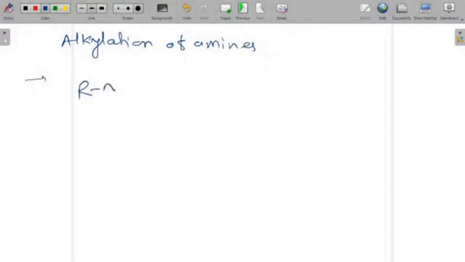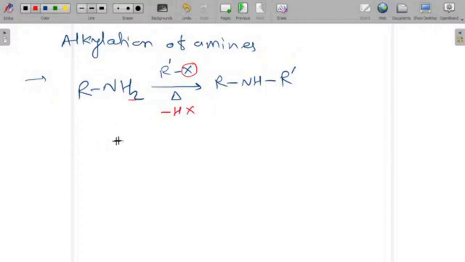This RNH2 is a primary amine, which on alkylation in presence of RX, suppose I make this R dash X, on heating gives RNHR dash. Here HX is a byproduct, one hydrogen atom and X, that is minus HX. So this is your primary amine, then it is a secondary amine.